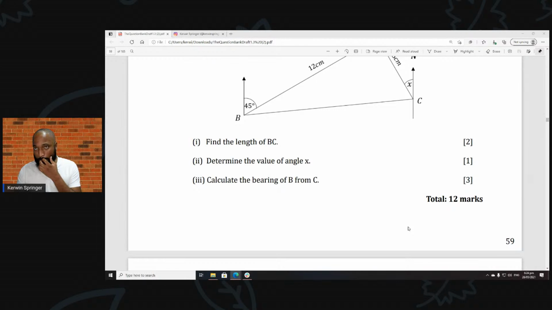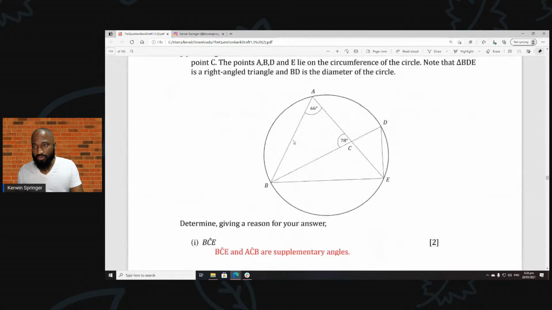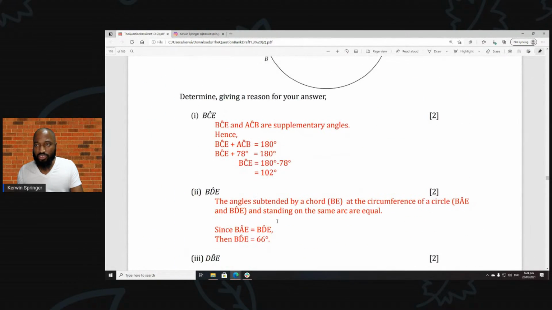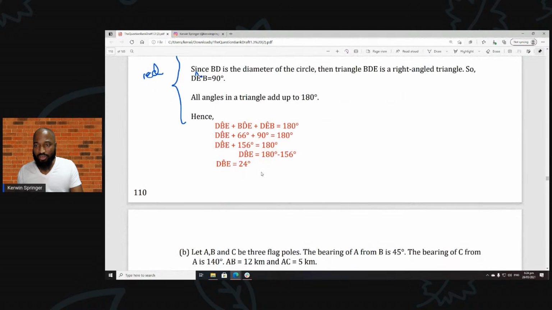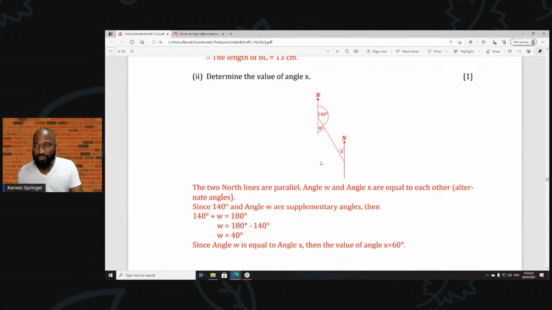Now we're going to go down to page, what was it? Was it page 109? We'll see the angles that we got: 102, 66, and 24, which was correct. With Pythagoras theorem you get 13, or you can just understand a 5, 12, 13 triangle very quickly.